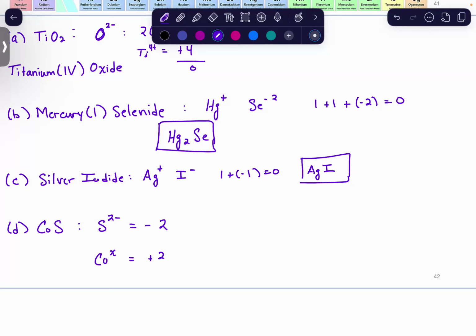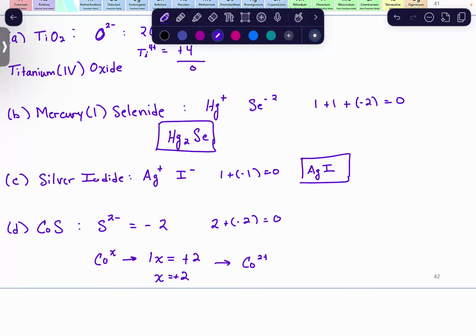Let's see, what's a good way to write this? Okay, so we could say 1 times X has to equal +2, X equals +2. So that means my cobalt is cobalt 2. So now you see you have the 2 of the cobalt plus the -2 of the sulfide gives you 0.